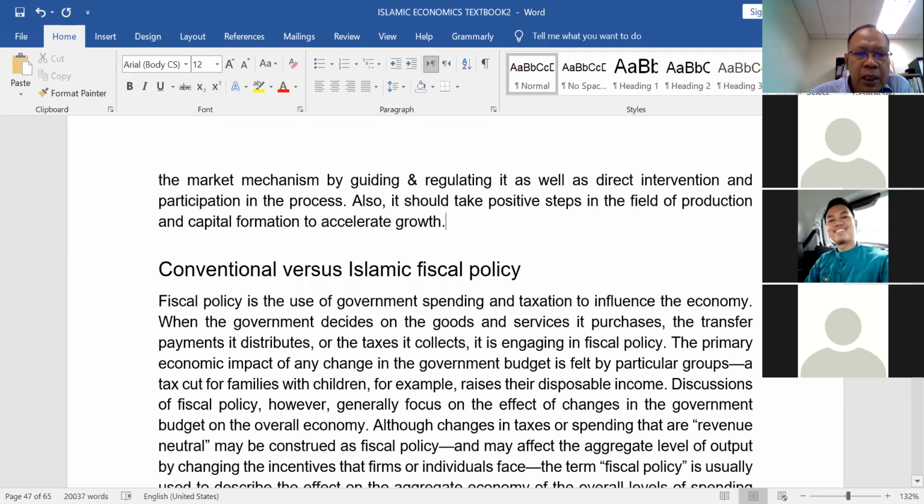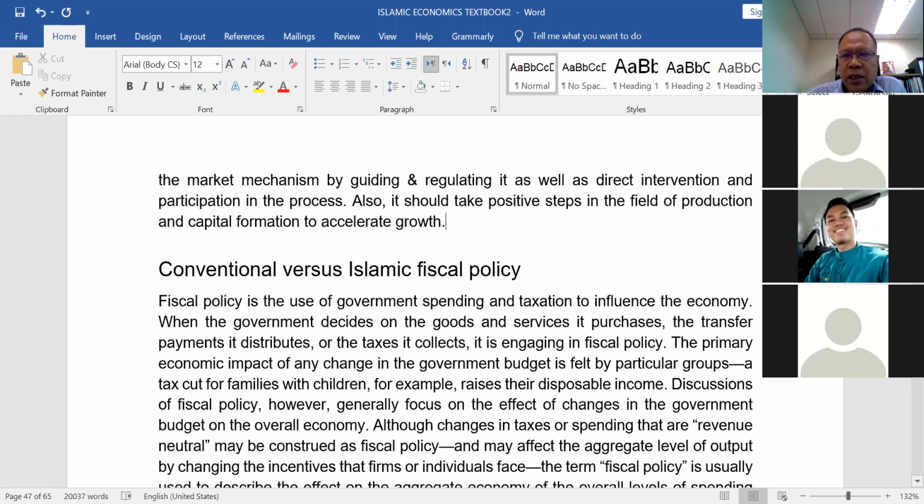The primary economic impact of any change in the government budget is felt by particular groups. Tax cut for families with children, for example, raises their disposable income. Discussions on fiscal policy, however, generally focus on the effects of changes in the government budget on the overall economy.